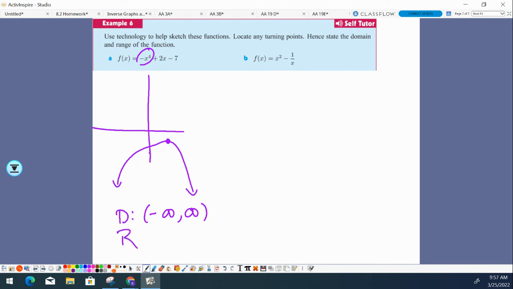What this point affects is the range. So we can actually use the calculator to help us find that coordinate point. If you have this graph and you want the calculator to figure out what that maximum point is, you're going to push second, trace, and have the calculator calculate this maximum point. You have a list of options, choose the maximum, and it's going to say the left side.